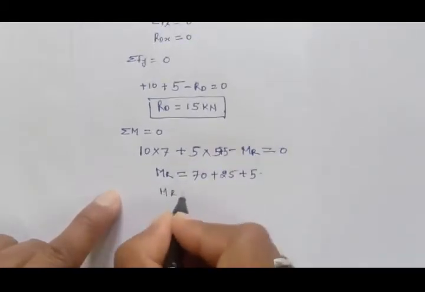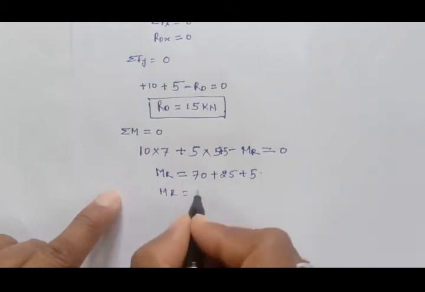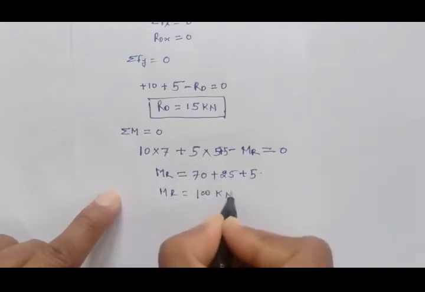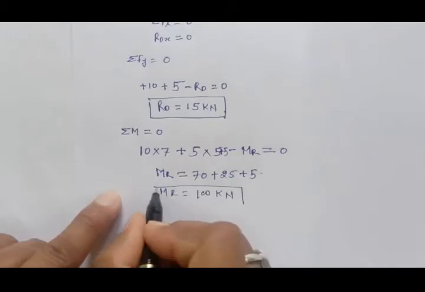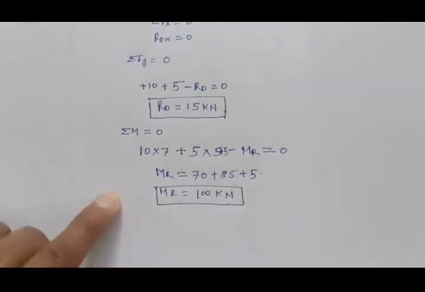So MR will be 70, 25 plus 30 is nothing but 100 kilonewton meter. So this is the moment value.